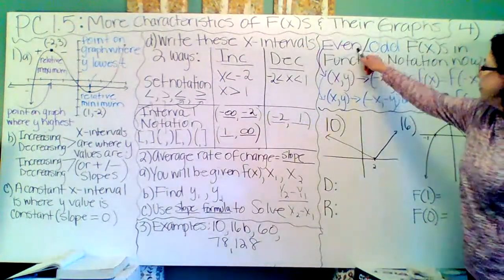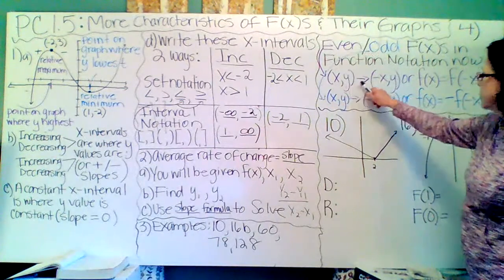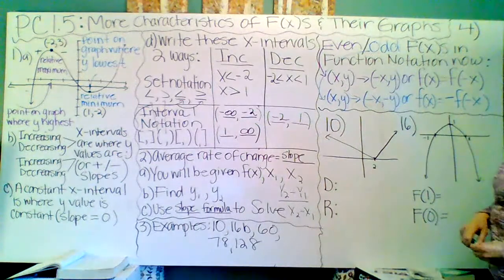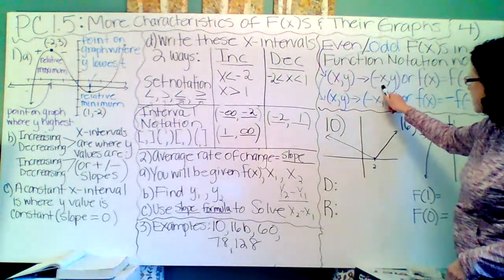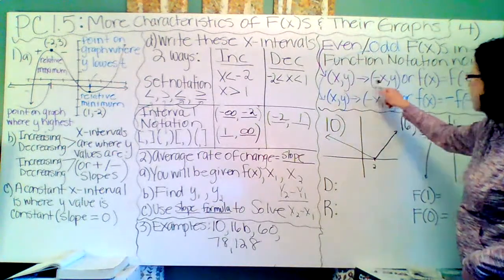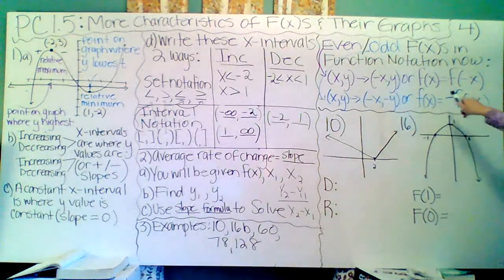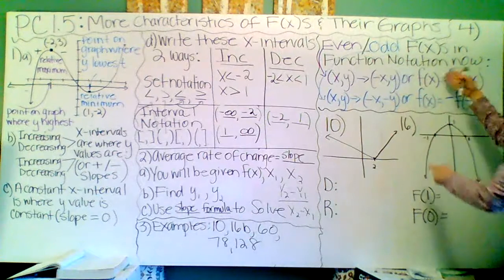So even, in purple, you knew that if the point (x, y) was on the graph, so is the point (negative x, y). What does this mean in function notation? It means, notice whether you put an x or a negative x into the function, you get the same y out, right? So that's what this says here. Whether you put an x or a negative x into the function, they equal each other.